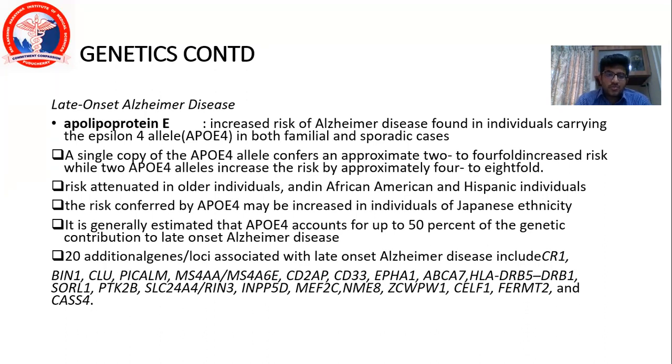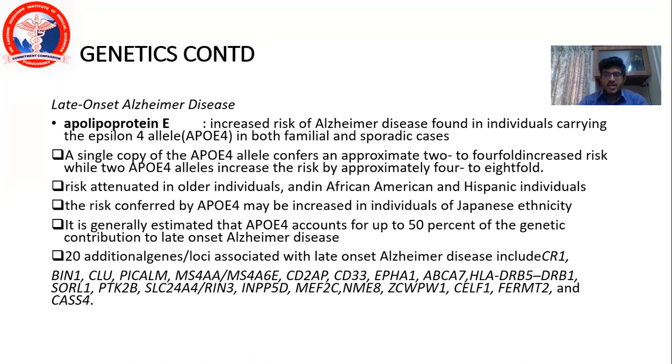A single copy of the ApoE4 allele confers an approximately 2 to 4-fold increased risk, while 2 ApoE4 alleles increase the risk by approximately 4 to 8-fold. The risk is attenuated in older individuals and in African American and Hispanic individuals, whereas the risk conferred by ApoE4 may be increased in individuals of Japanese ethnicity.